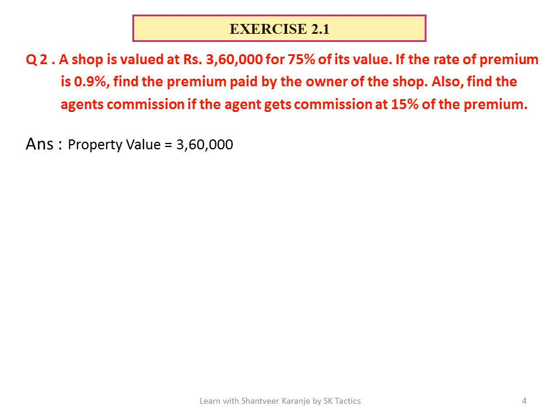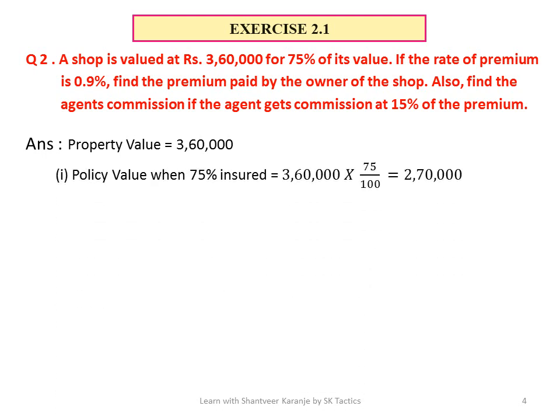Let's find the answer. First we find the premium. To find premium we need policy value, and it is given that the policy value is insured at 75%. In that case 3,60,000 is to be converted to its 75%, and the value is 2,70,000.